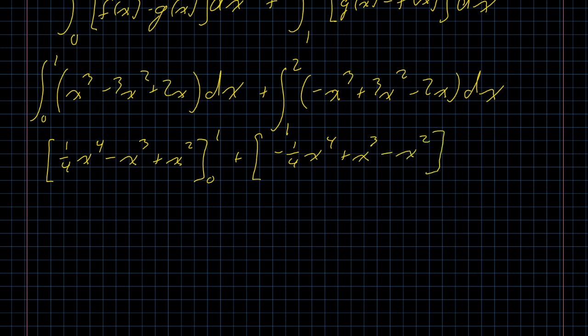Changing positive to negative, negative to positive, and of course we have different limits of integration. All right, so evaluate when x is 1, we'll have 1/4 minus 1 plus 1. Evaluate when x is 0, we will have 0.